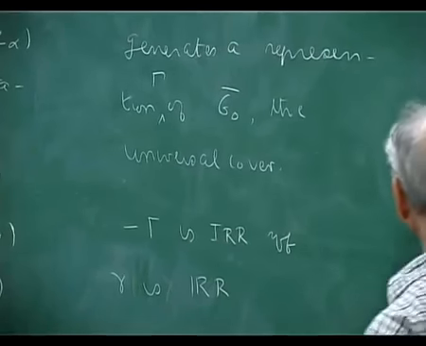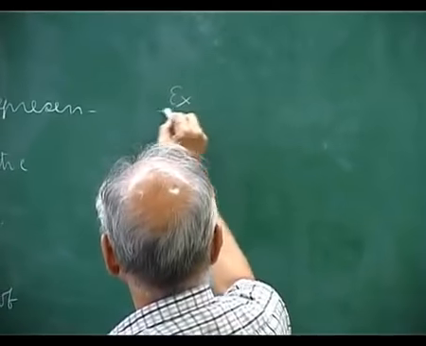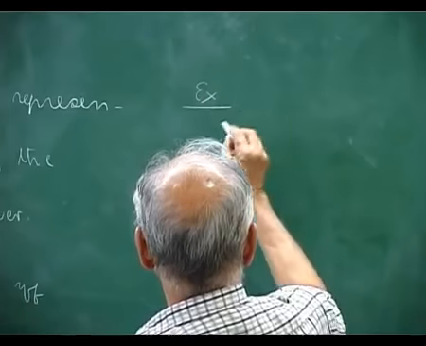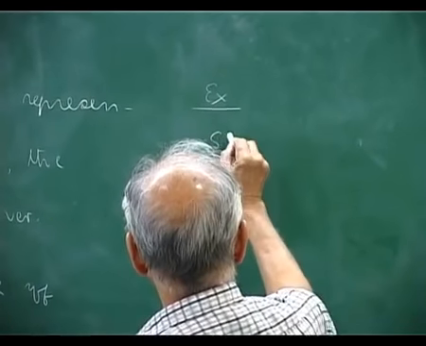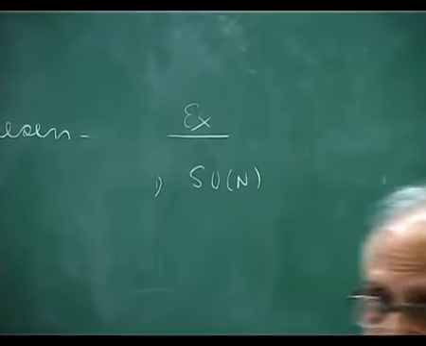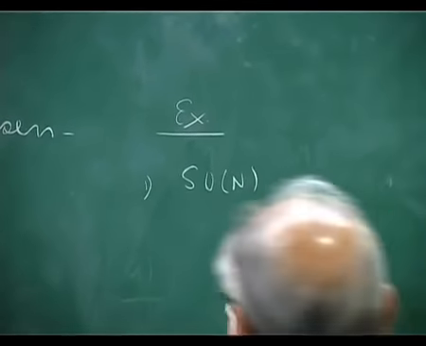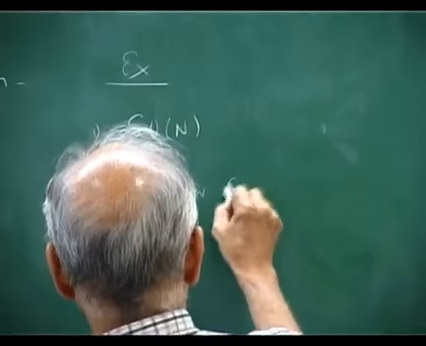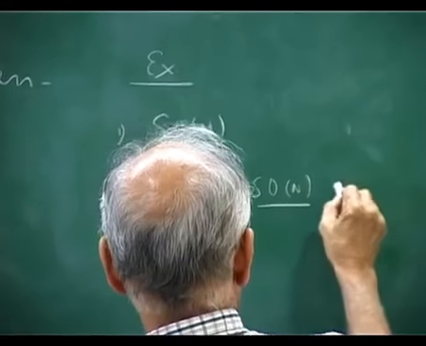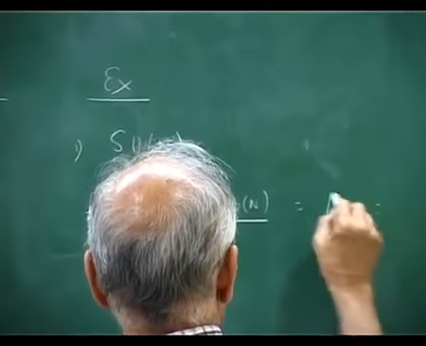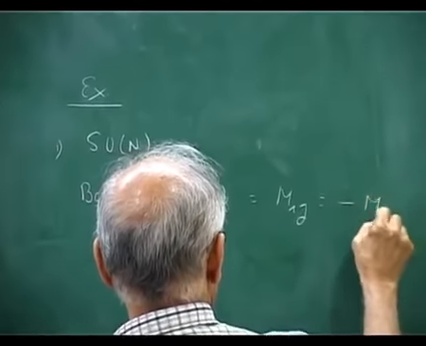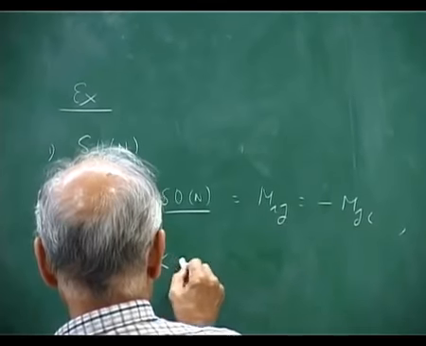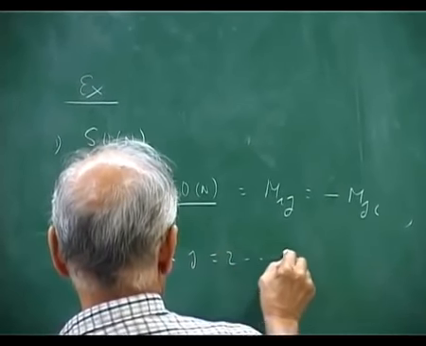Now, I gave examples. We already considered SO(3) in a particular way, and SO(N). The basis for the Lie algebra of SO(N) is normally written as M_ij, where i is less than j and it goes from 1 up to n.